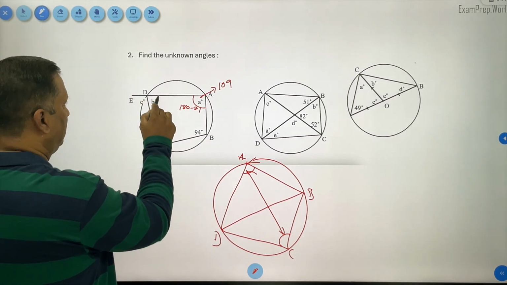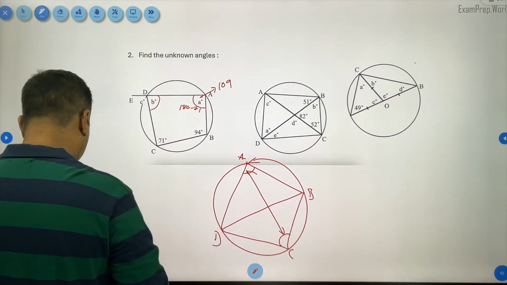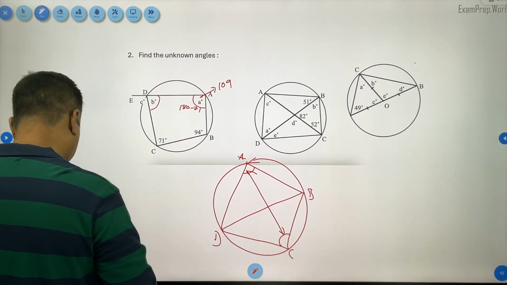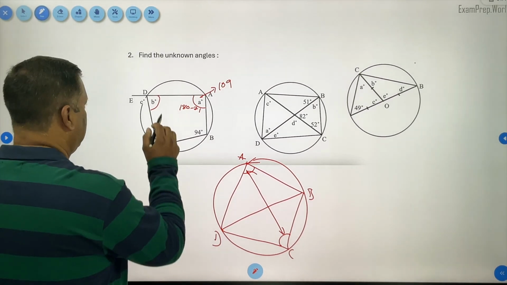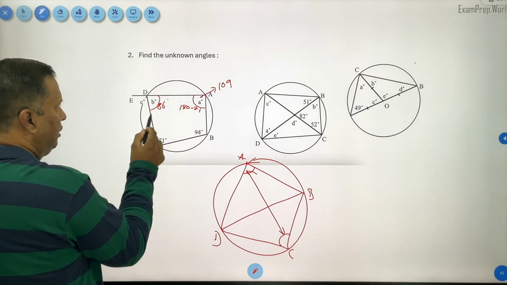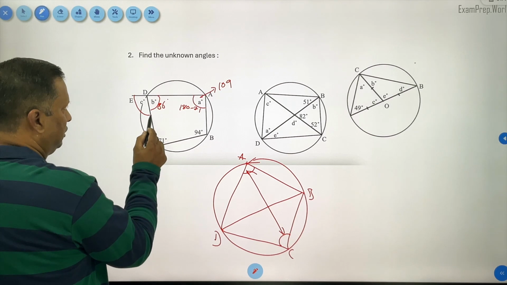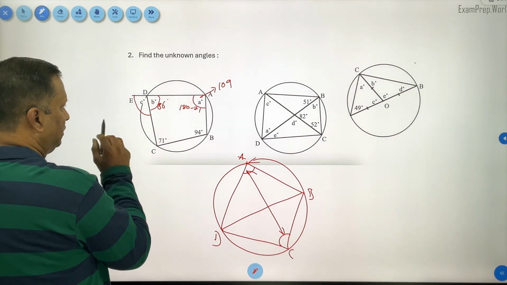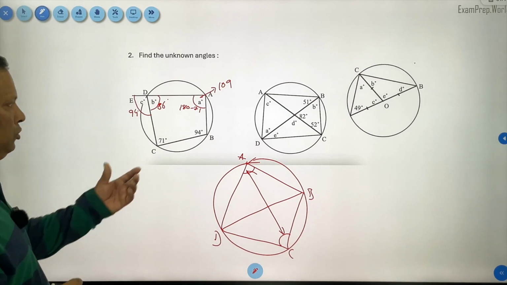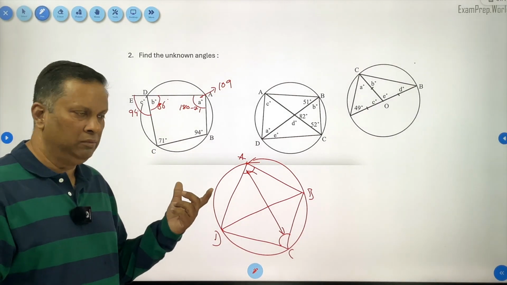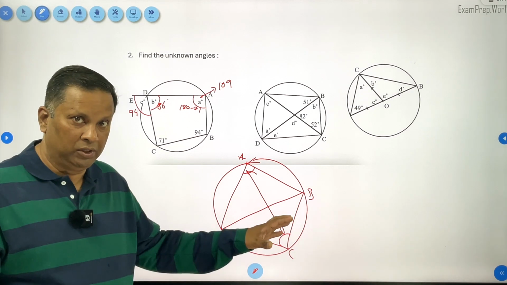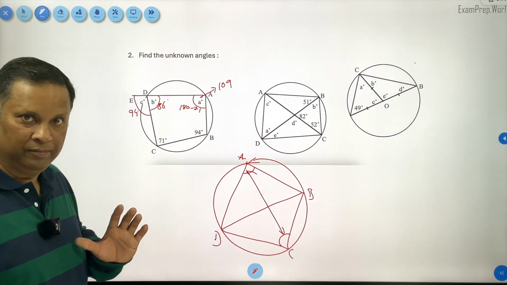How much should be this one? 180 minus 94, 86. Now from here to here is a straight line. So this is 180 minus 86, which is 94. Okay. Easy to solve. So we used the theorem that cyclic quadrilateral diagonally opposite angles add to 180 degrees. This was a theorem and we applied it successfully here.